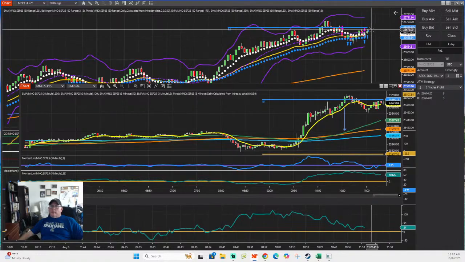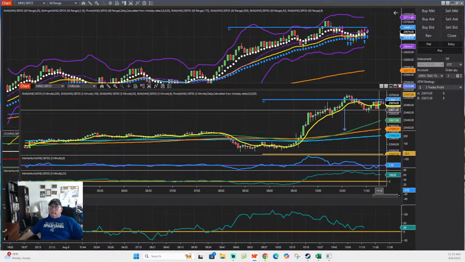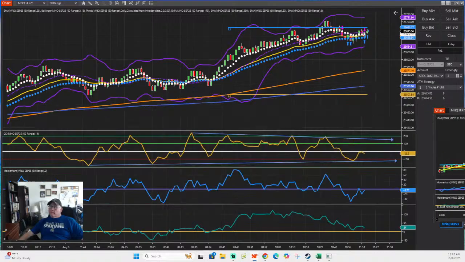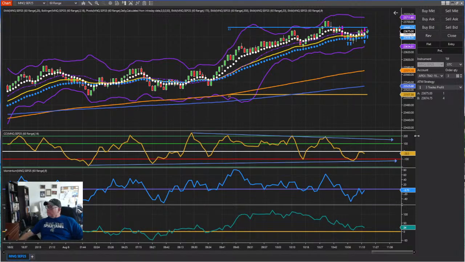So this bar forms here. 175, 104.25. So right now we got green, red, undecided.